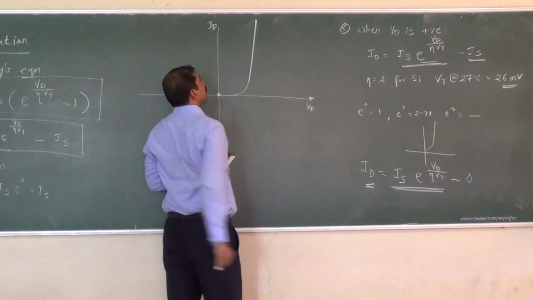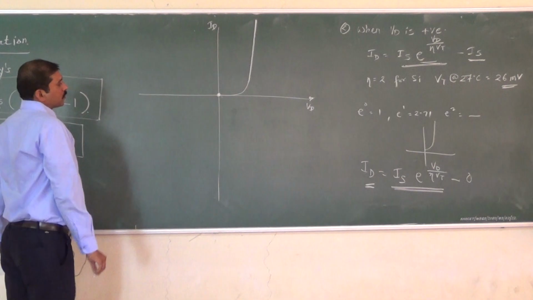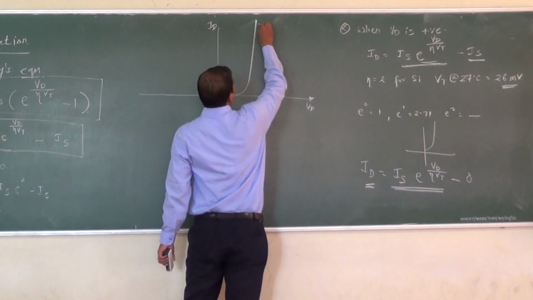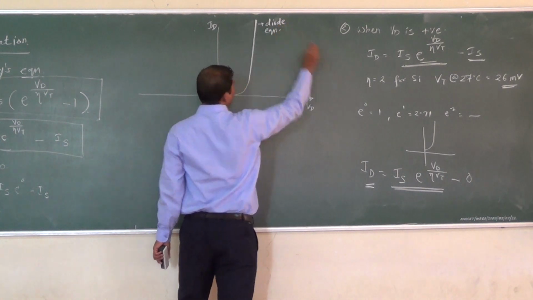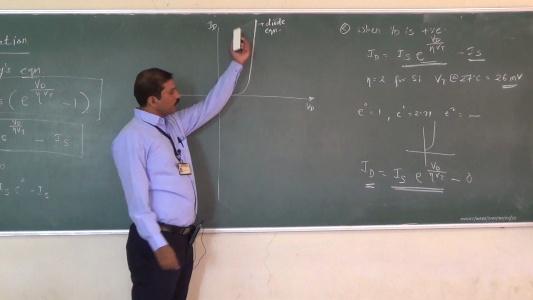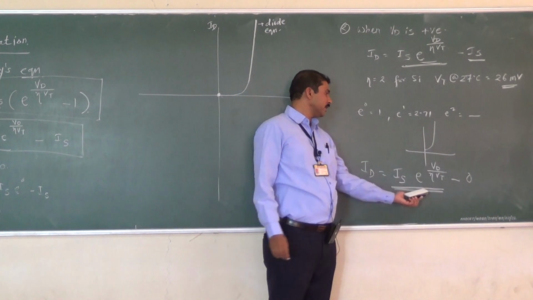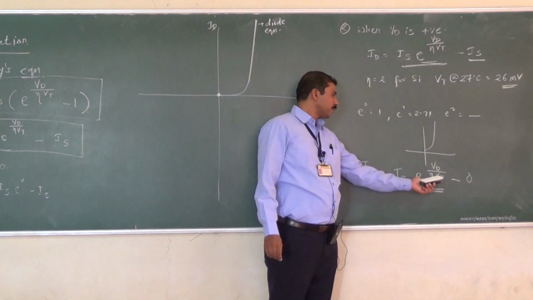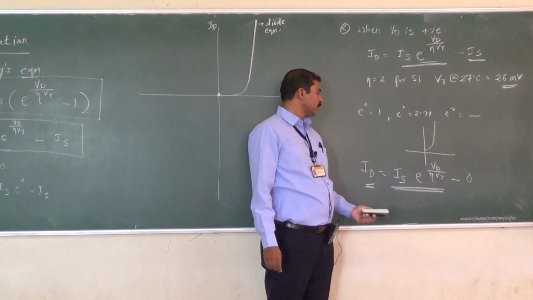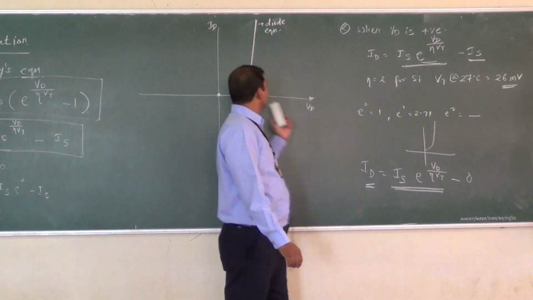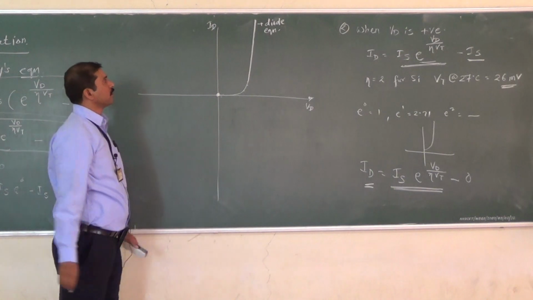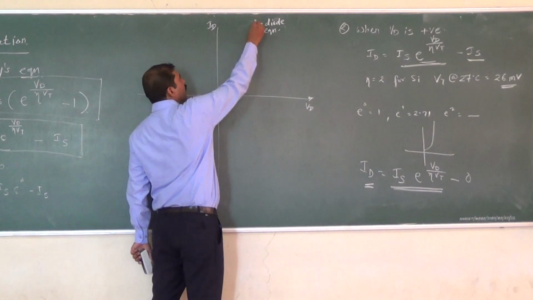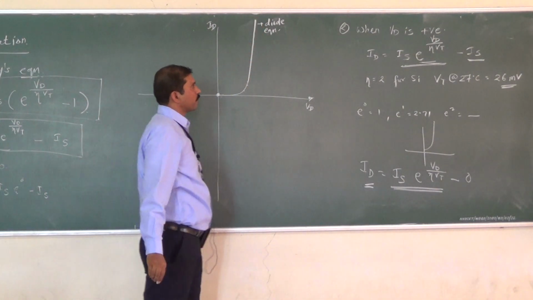This is by using the diode equation. For plotting this, take various values of Vd, substitute in this at a particular fixed temperature, 25, then calculate and plot the points. When you join the points, you get the graph due to the diode equation. So this is during forward bias.